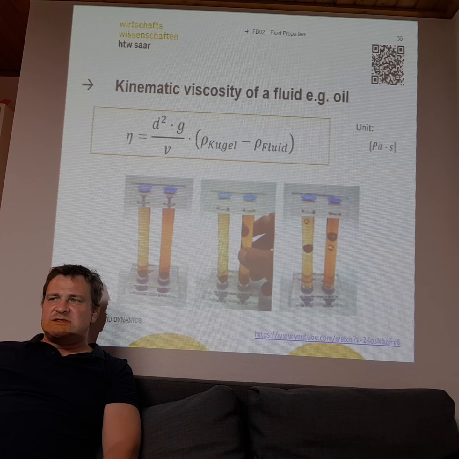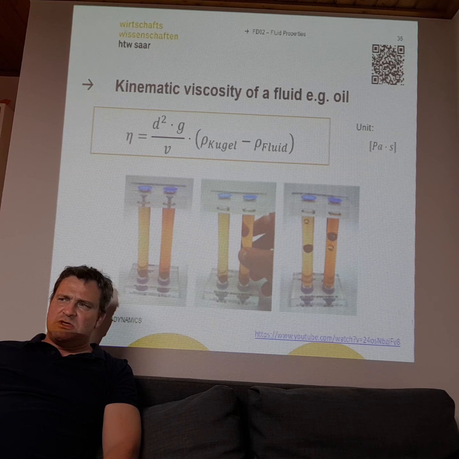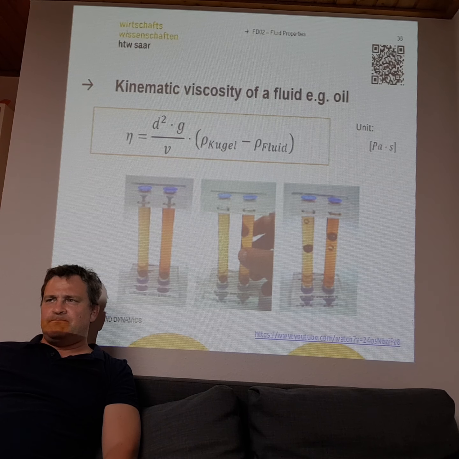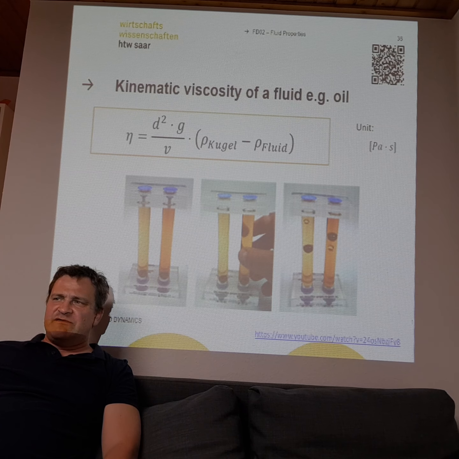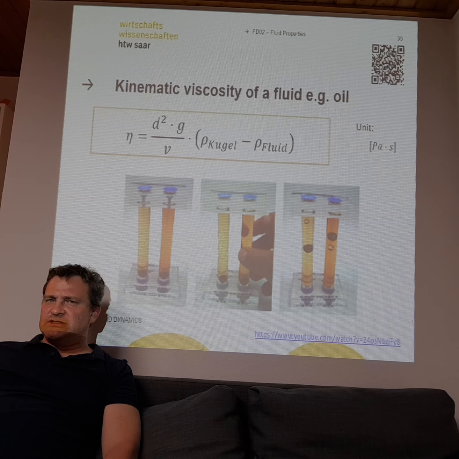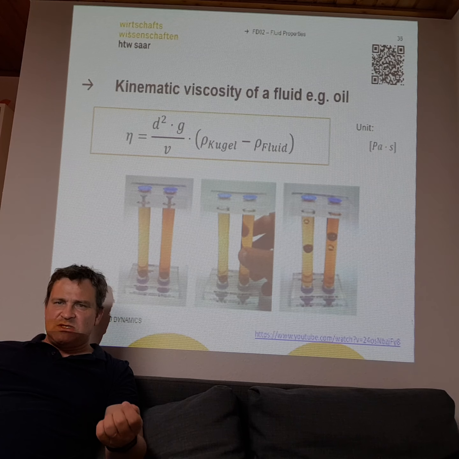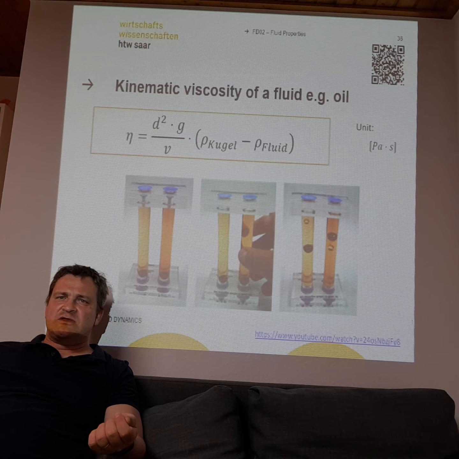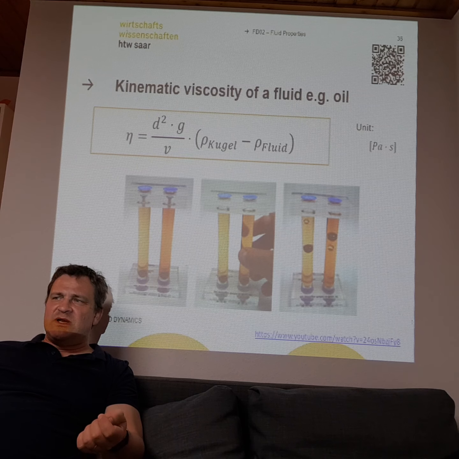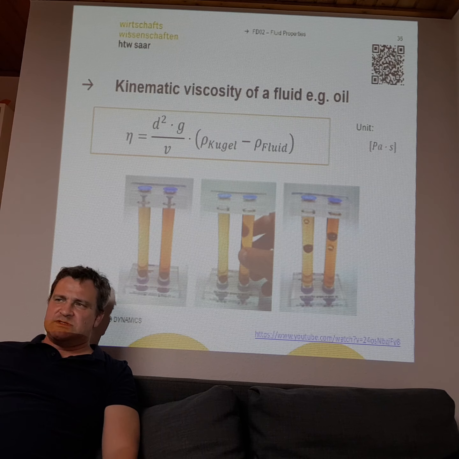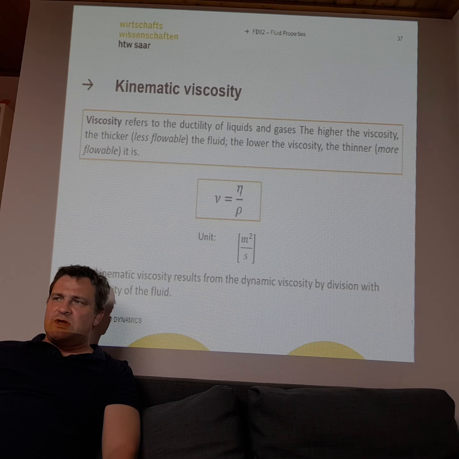And with this experiment, you can also calculate your dynamic viscosity. And I told you we have two different viscosities. We know the dynamic viscosity, it's to calculate the shear forces. We use a simple eta for dynamic viscosity, but we also have the so-called kinematic viscosity.